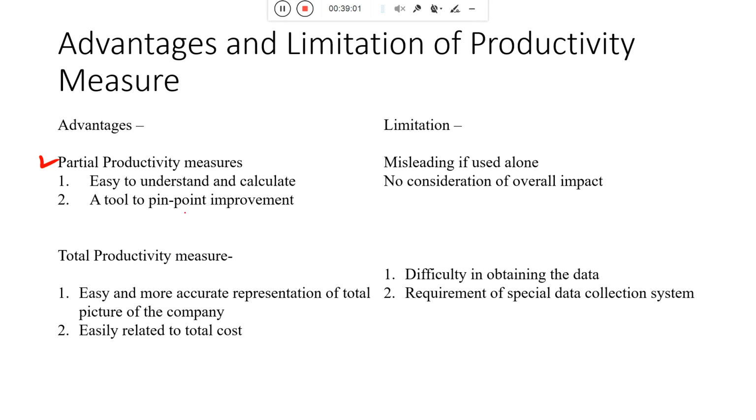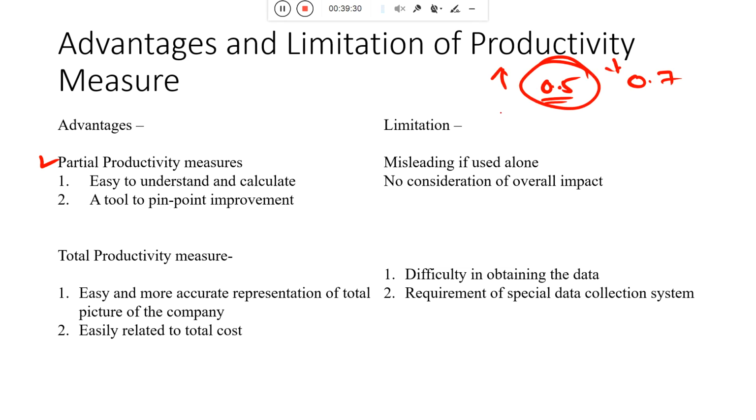It is also a tool to pinpoint improvement. Suppose I calculated the total productivity and got 0.5, and at my sister organization I got a productivity of 0.7. This shows that there is a need to improve your organization.